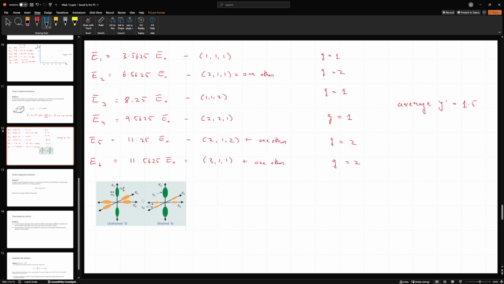So now, how do I get this figure? I get this figure from the following expression.